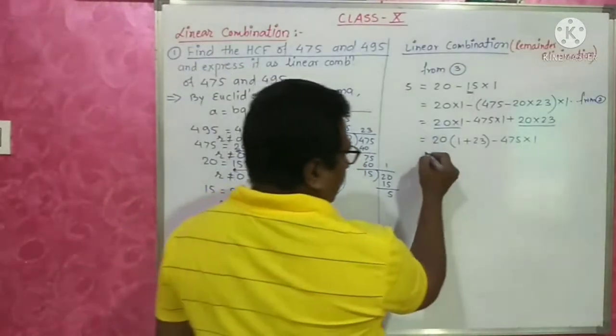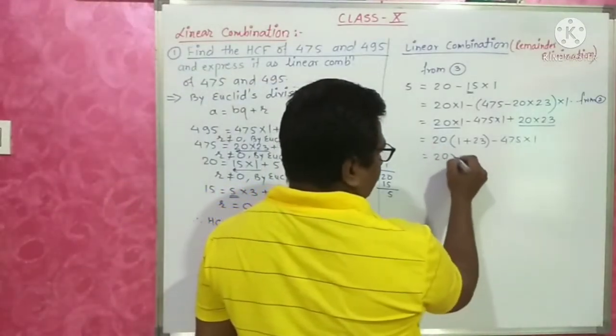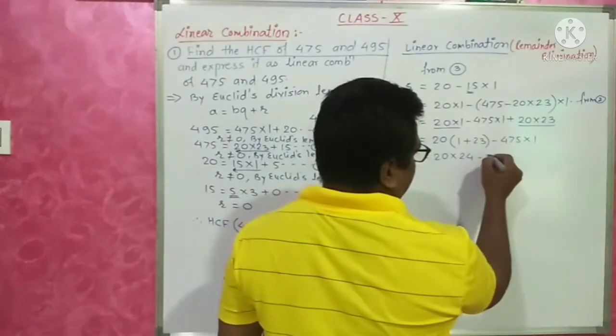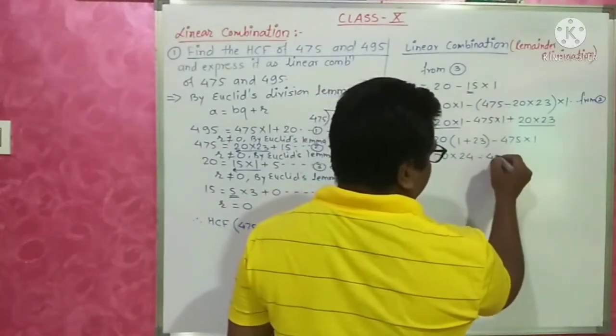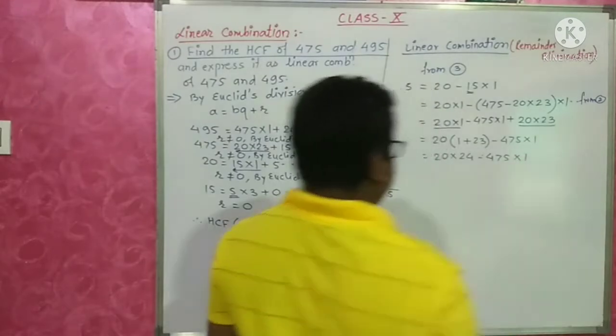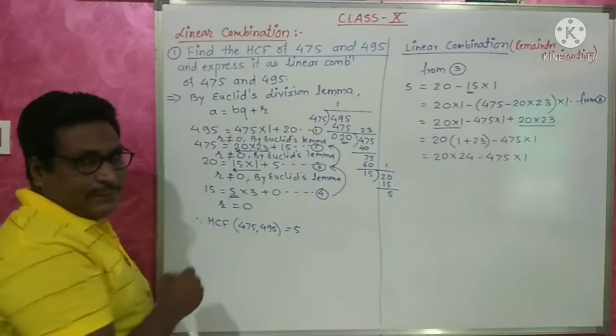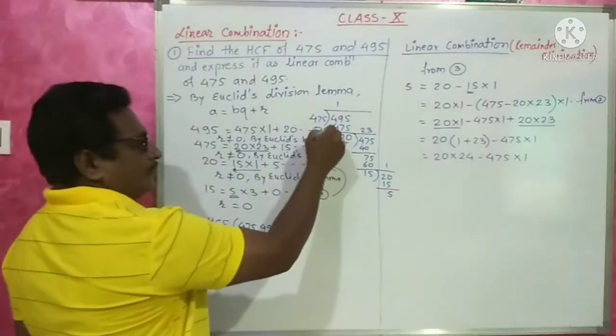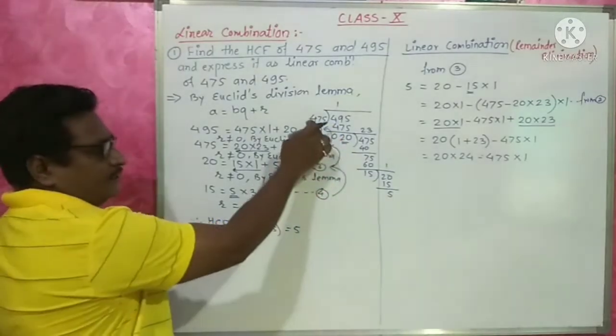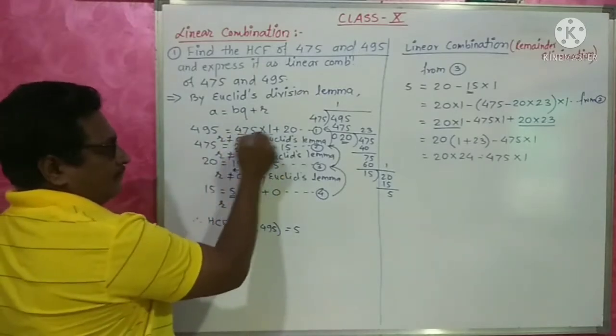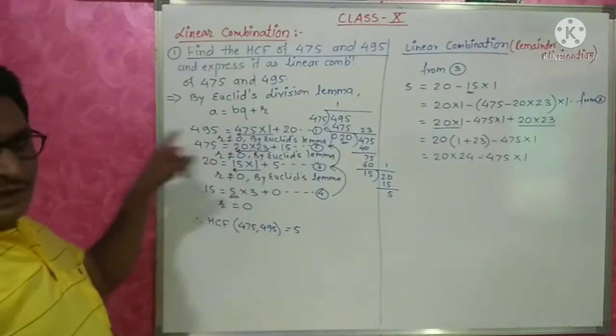Now 20 into 24 minus 475 into 1. Now see here, 20 is the remainder in the first step, so we have to go to the first step. This number we transpose to the left side.